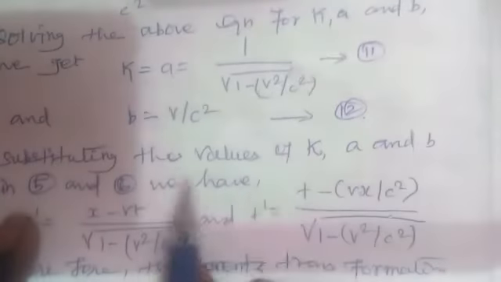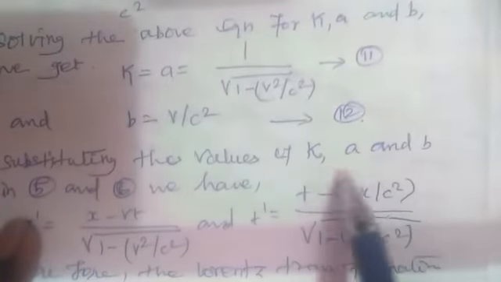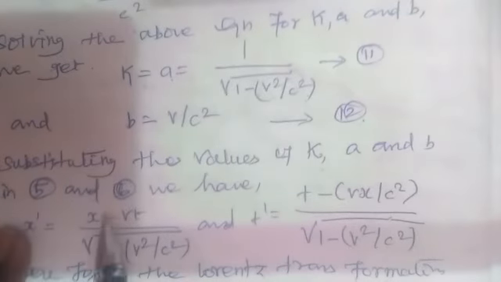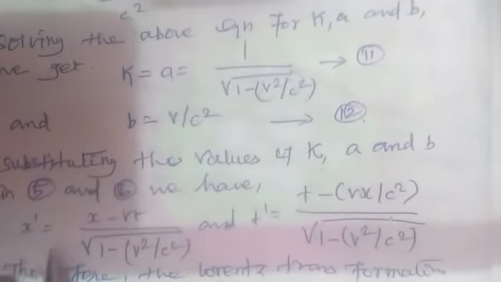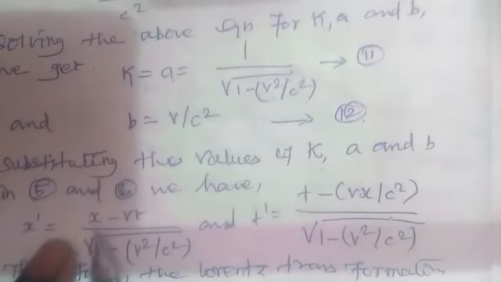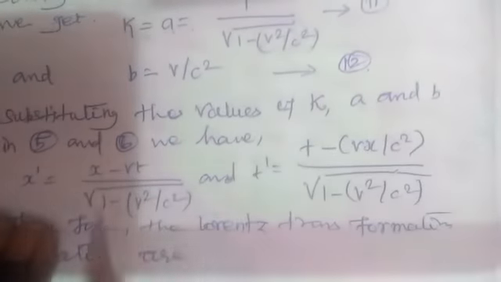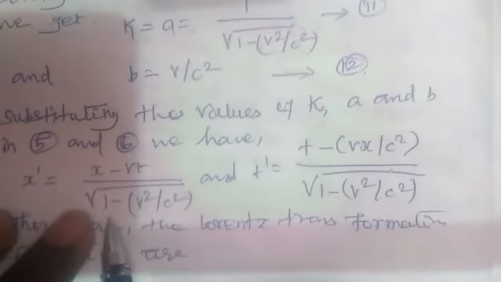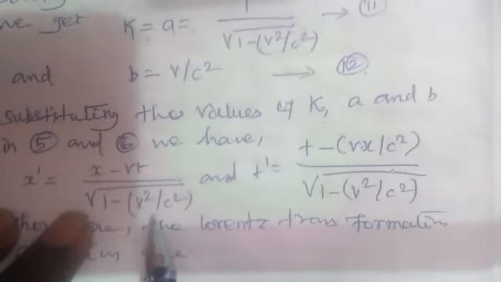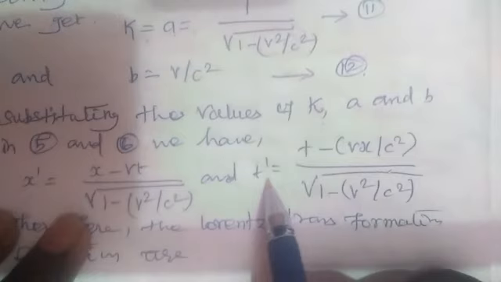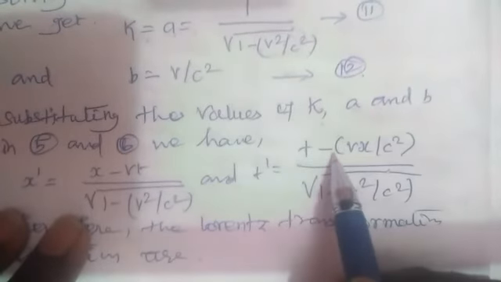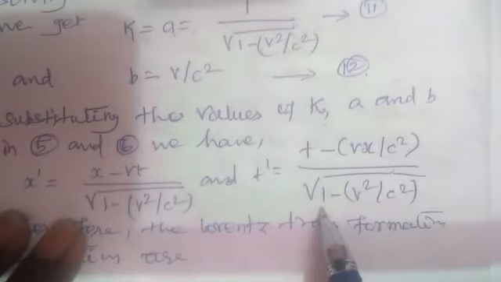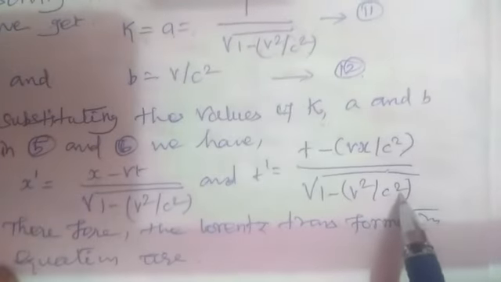So substituting these values of k, a and b in equations 5 and 6, we have x dash is equal to x minus vt divided by root of 1 minus v square divided by c square, and t dash is equal to t minus vx divided by c square, divided by root of 1 minus v square divided by c square.